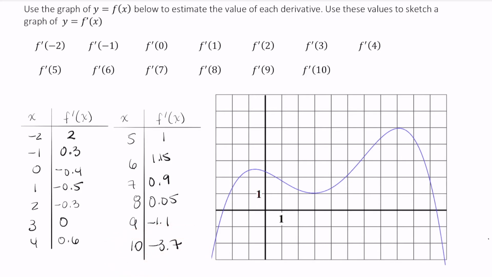Okay, so now with this information, let's go ahead and on our same graph, let's sketch what f prime of x will look like. And I'm going to sketch this in red. So take a moment, and at -2, say you're going to plot +2. At -1, you're going to plot about 1/3. So please fill in the rest of these points.